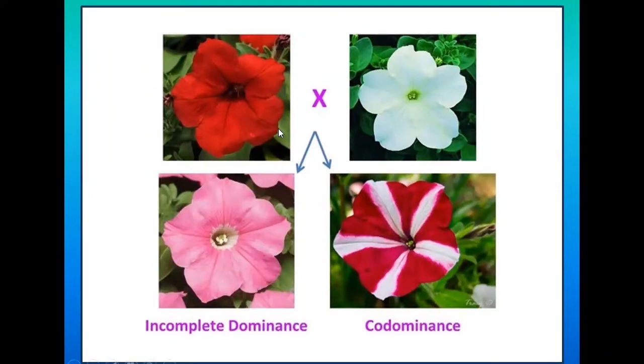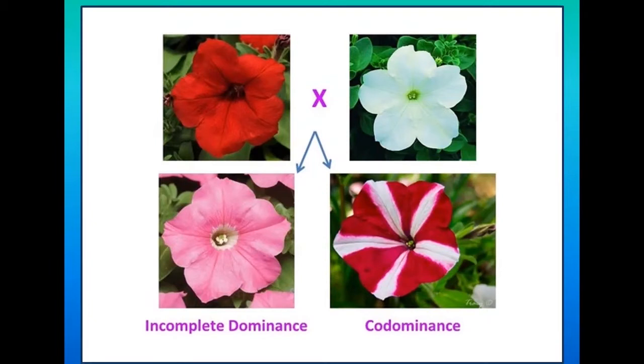We cross it to a white four o'clock flower, and the offspring produced from this test cross for incomplete dominance is a pink four o'clock flower, while for the test cross between these two parents, the red one and the white one, for codominance is a red and white flower, right?